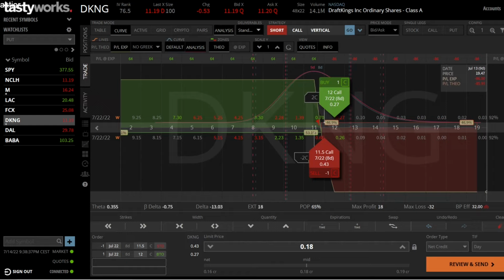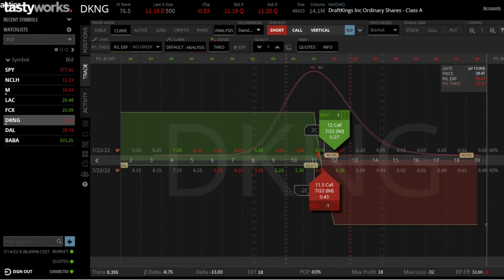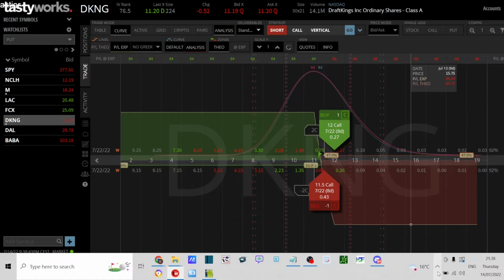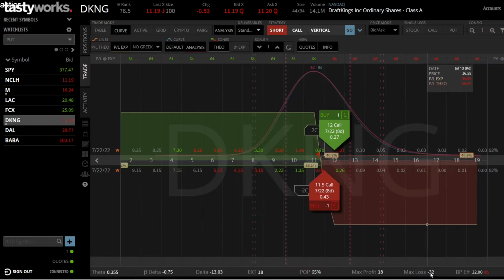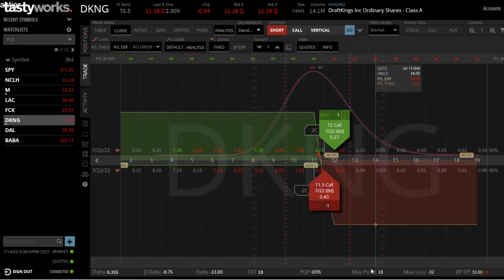Here it looks in the curve. Let me minimize this. As you see, now you have a max loss of minus 30 and a max profit of 18. The probability of getting to 18 is 65%. But this is not the way to trade.